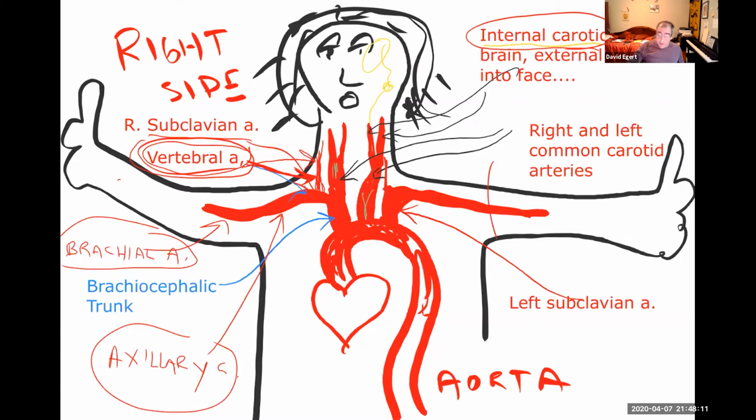Let's continue here. So we had the brachial artery. Maybe I'll start anew.